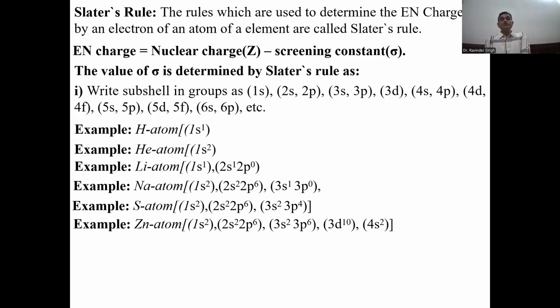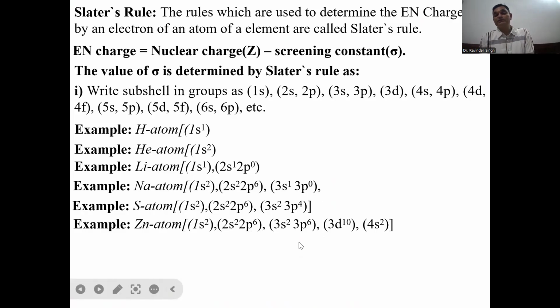In case of zinc, whose atomic number is 30, the configuration is 1s2, 2s2, 2p6, 3s2, 3p6, 3d10, 4s2. Now how does the grouping take place? In the first shell there is only S, so the first group. In the second shell there are 2s and 2p. According to Slater's rule, S and P of the same shell are kept together, so 2s and 2p form the next group.